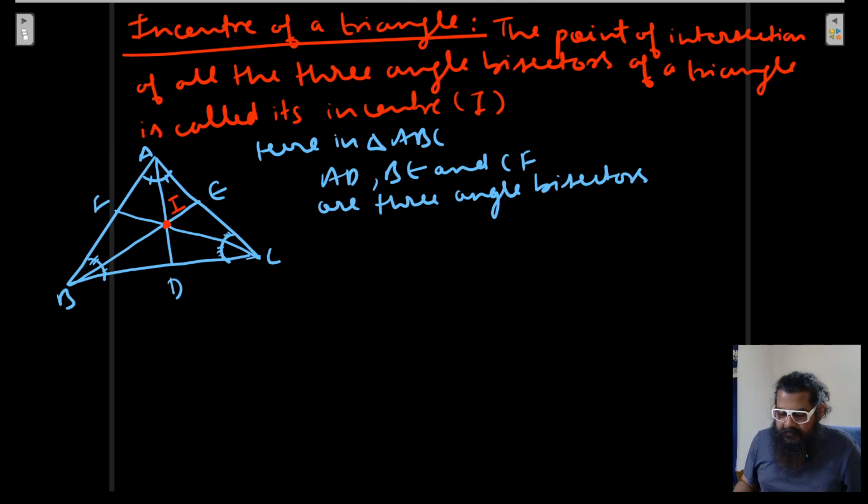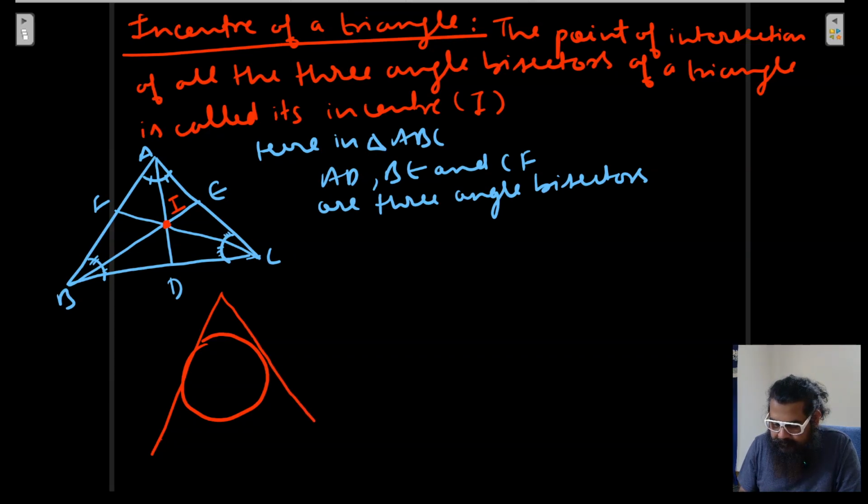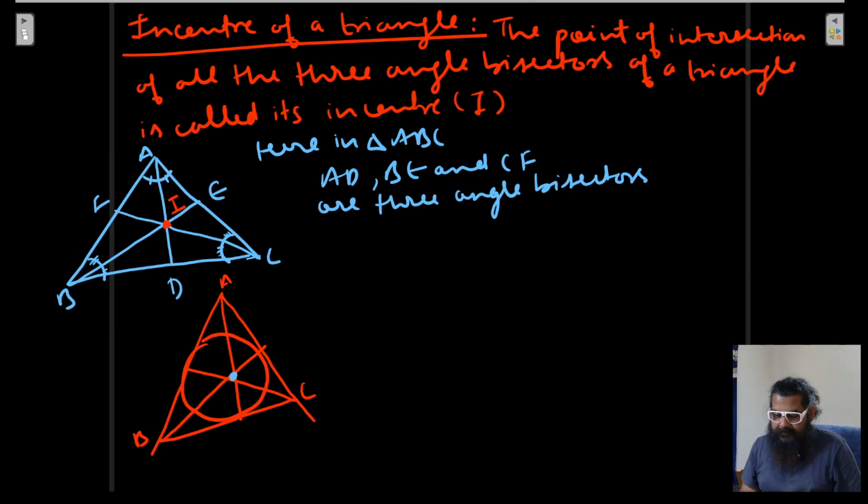Because if we draw a circle inside this triangle like this, and these are the three angle bisectors, then this is the point of intersection of all these three angle bisectors, and it is denoted by capital I. This was AD, this was BE, and this was CF.